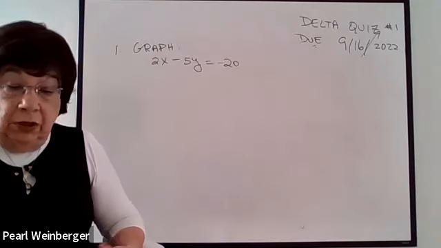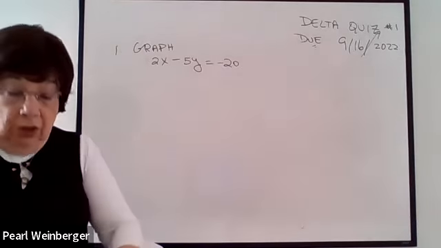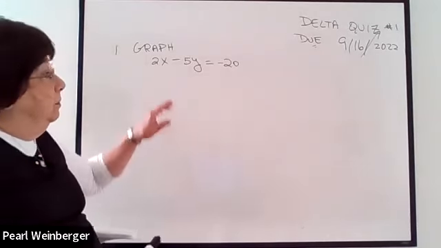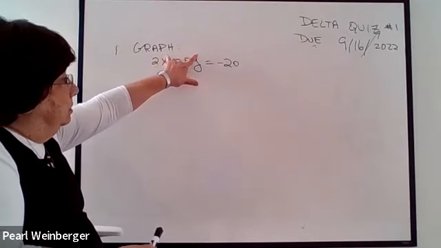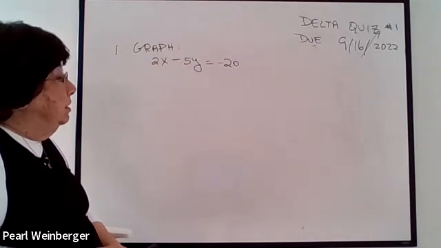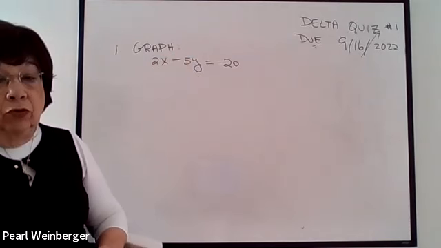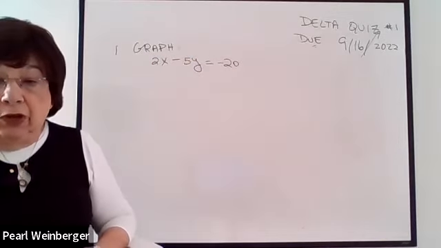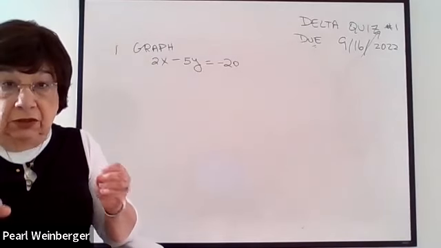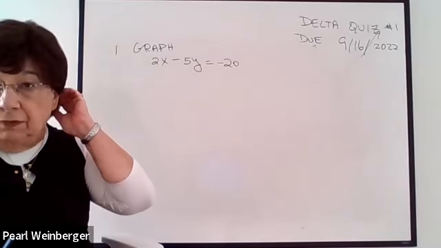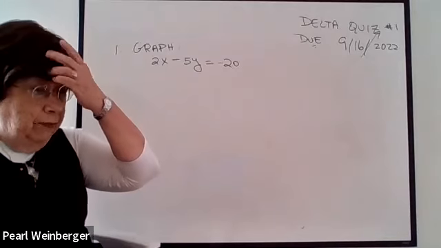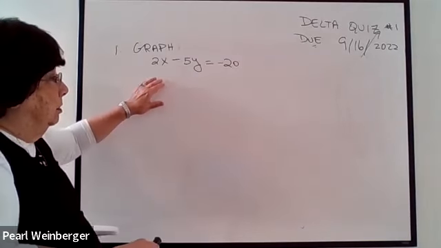There's no x squared. There's no x to the third. The variable's highest exponent is 1. It's called a linear equation or a first degree equation. Those two things mean exactly the same thing in terms of the type of equations that they are.